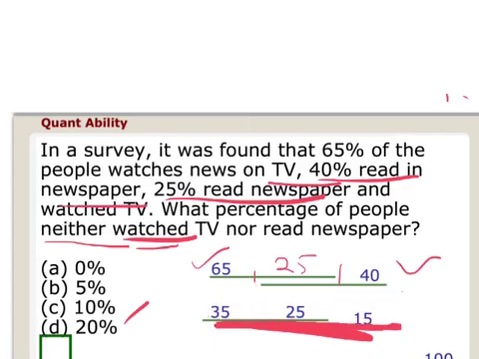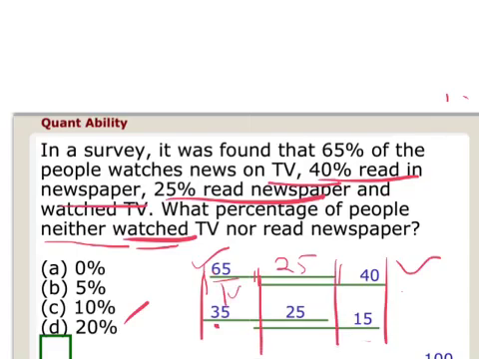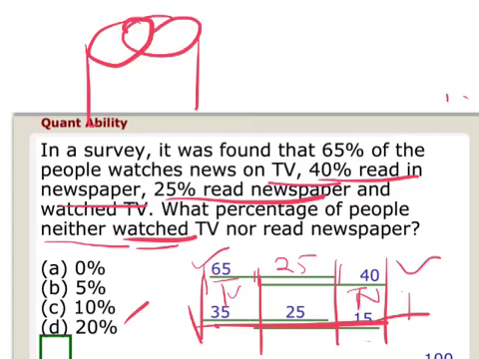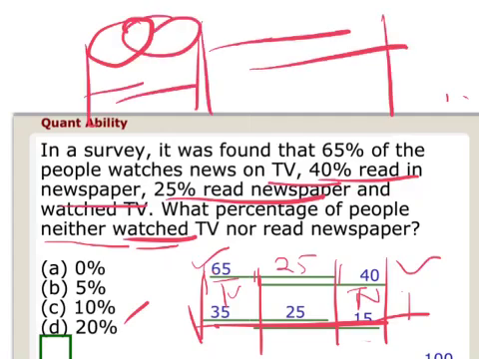The moment I put 25 here, 65 minus 25 gives the number of people who watch only TV, and 40 minus 25 gives those who read only newspaper. The total is 80 out of 100. Instead of circles, I'm using lines, which are much easier to draw. All you do is draw 2 lines, one coming from this side, one from that side. That's all. The answer is done.